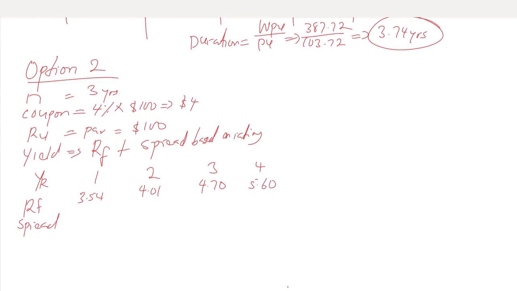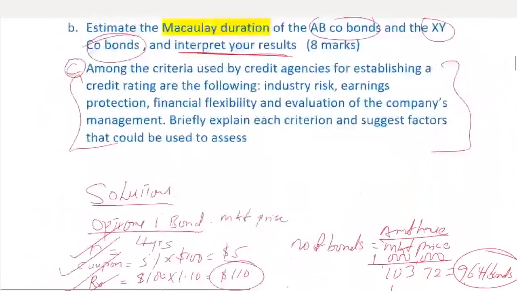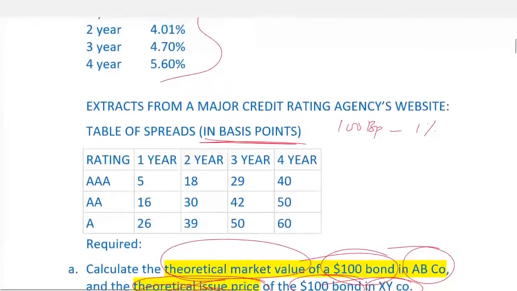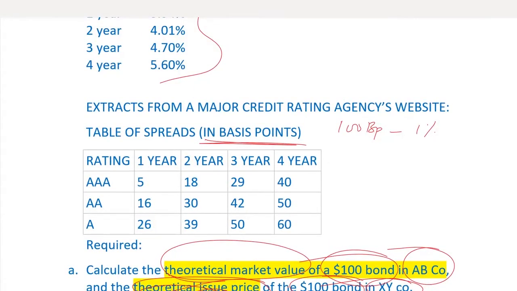Now, how do I get my spread? When you want to get your spread, remember spread is the premium attached to a bond based on its credit rating. Don't forget in paragraph 1, we are told that these bonds are A-rated. So how do I sort A-rated bonds? So let's go. I'll check from the table given to me and pick A-rated bond. This is it. What can you see there? Year 1 is 26 basis points.